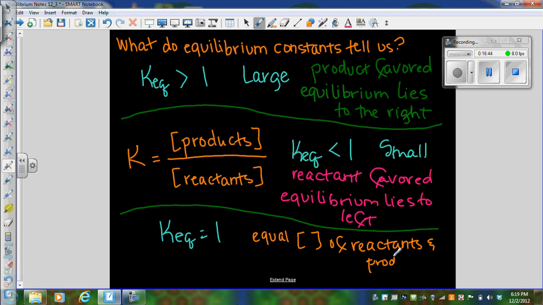And if we're talking about which side the equilibrium lies on, we would say the equilibrium lies in the middle. And this is not as common as the other two situations where you've got an equilibrium constant that's greater than 1 or an equilibrium constant that is less than 1.